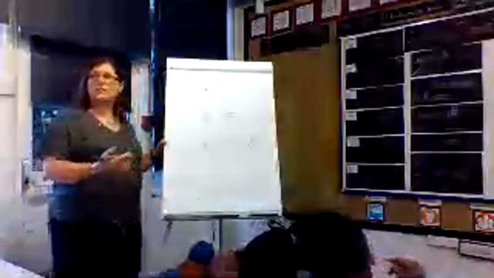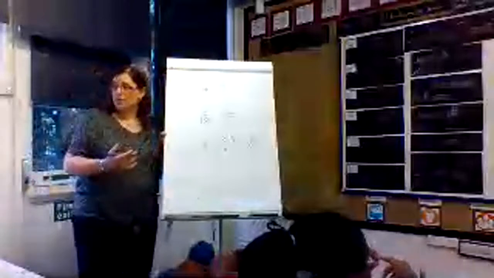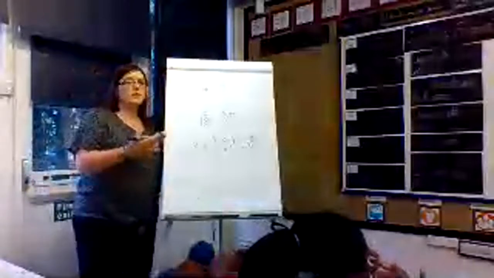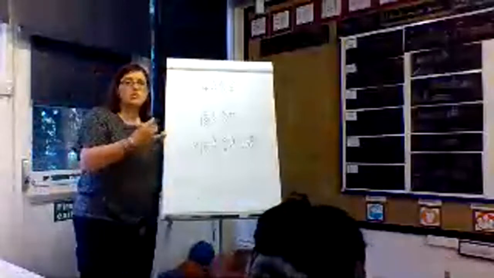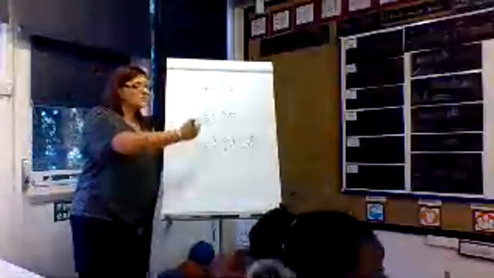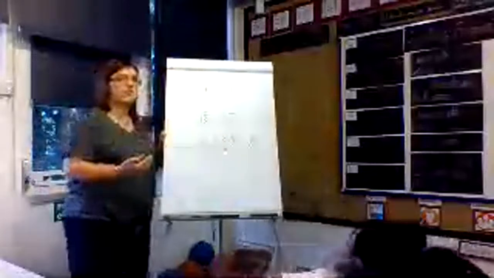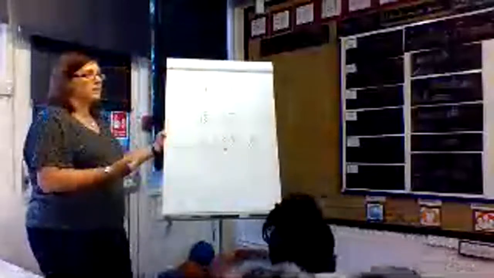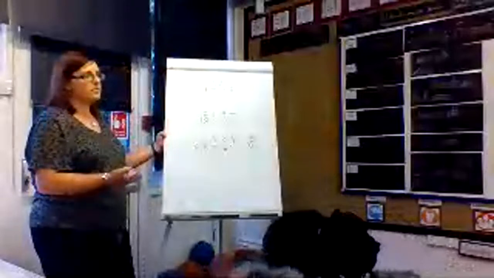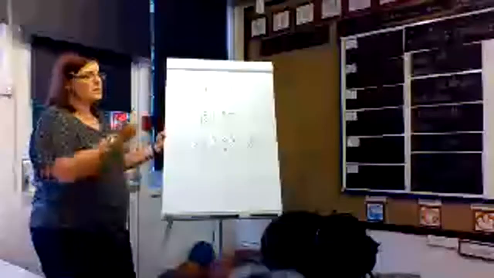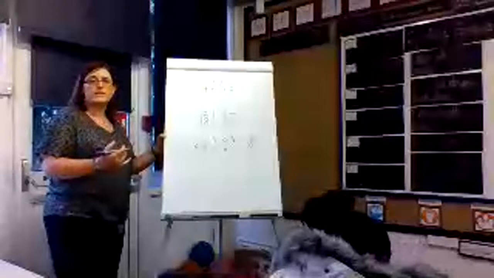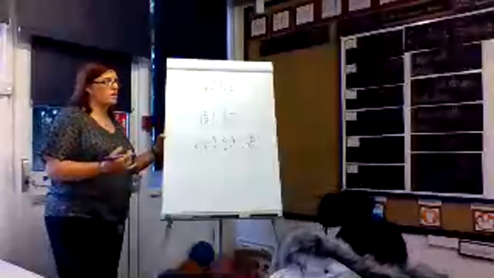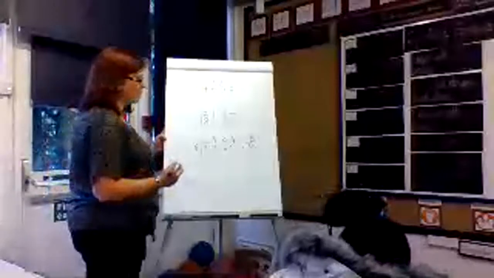And we can do that with any number that we're dividing where we get a remainder at the end. So we can use this method to help us find the decimal every time. Instead of what we would have done previously, we're now going to use our mathematical knowledge to help us write it as a decimal.